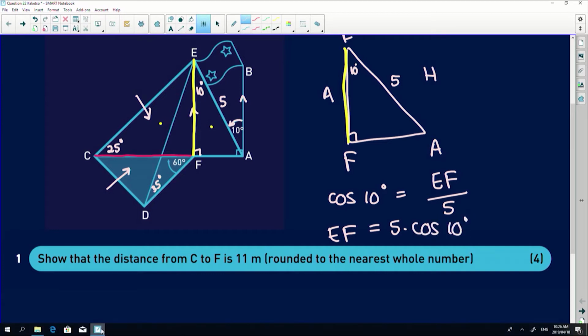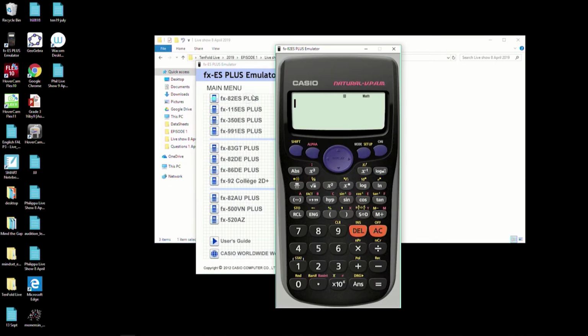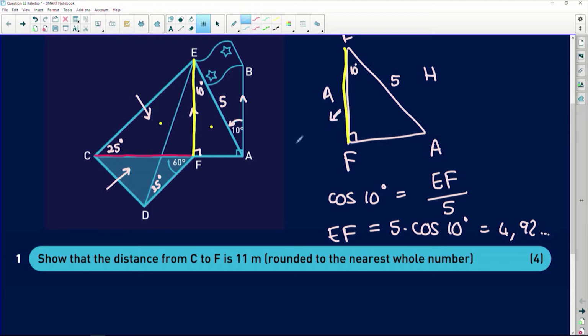Let me get my calculator out. Open this up. Okay, so we get 5 times cos of 10 degrees, and that gives us 4,92, etc. So that's this side that we found over here, 4,92.